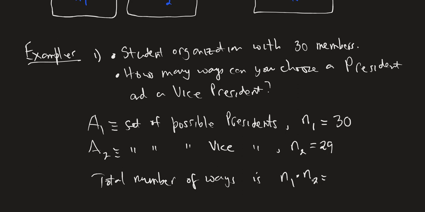What do you come up with? Yes, I'm sure someone out there said 870. So yes, 30 times 29 is 870 ways that you could have a vice president and a president chosen from a student organization with 30 members.